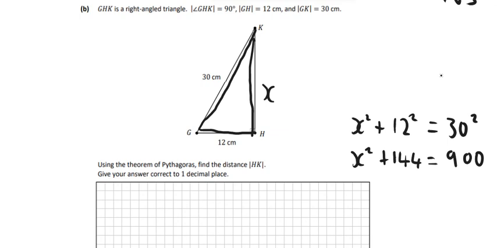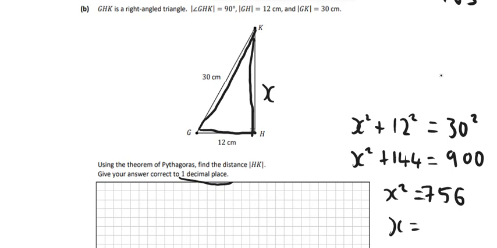So if you move across the 144, take away 144, so you get x squared equals 756. And then you have to do the square root of 756. And you should get x equals 27.49545 and so on. But it asks you in the question to round off to one decimal place.